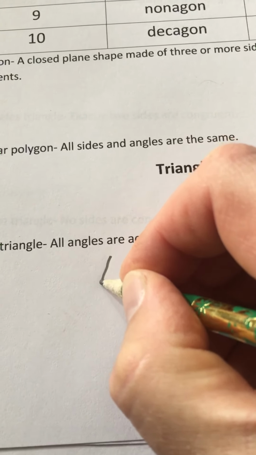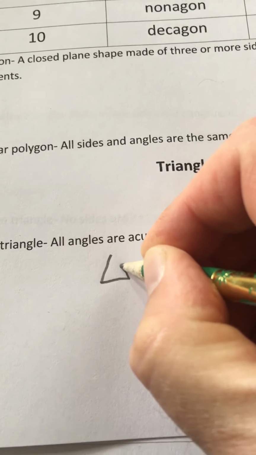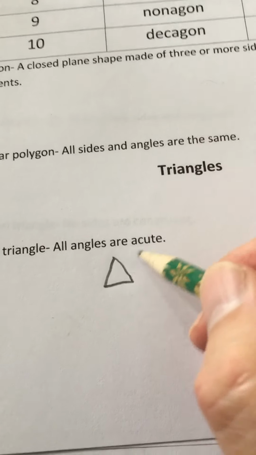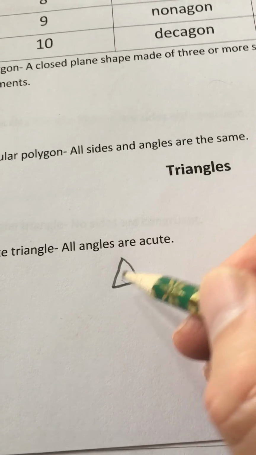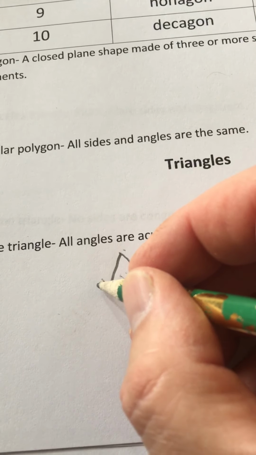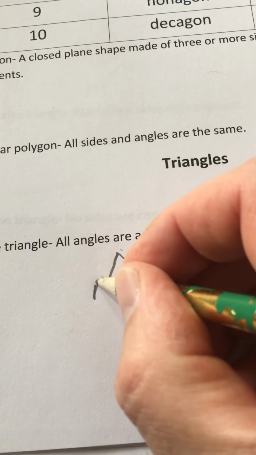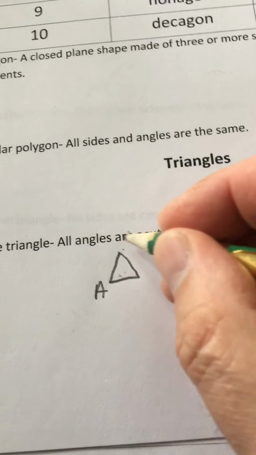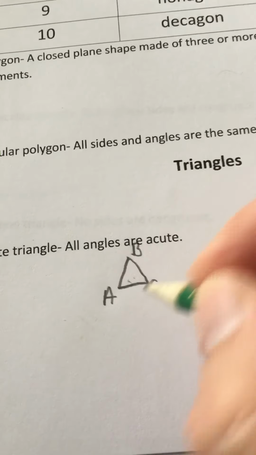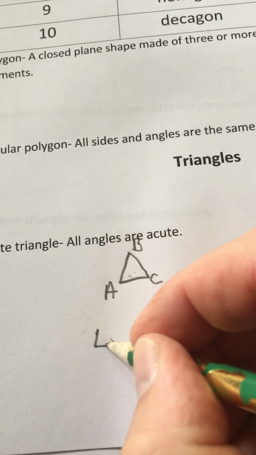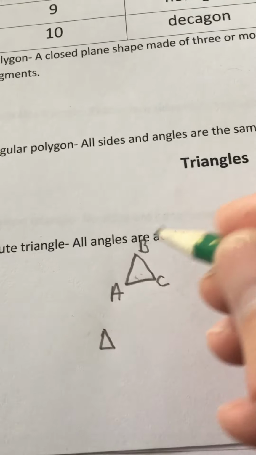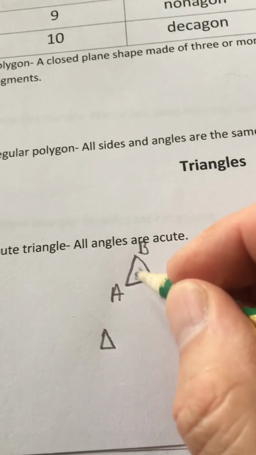All right. Now, your typical jack-o'-lantern eye is an acute triangle. All 3 of these angles are less than 90 degrees. And we'll label them A, B, C. And by the way, the symbol for triangle is that, regardless of what the triangle looks like.